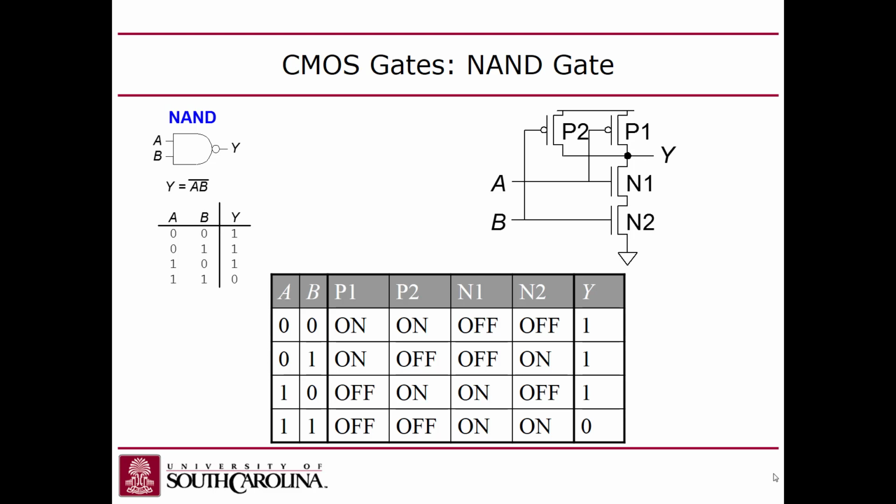All right, so now we want to build this in the transistor level. So we're going to pull down with the NMOSs, right? So we want to look at when the output is 0. When the output is 0, you got when B is 1, right?